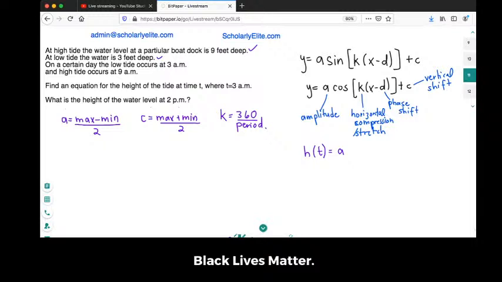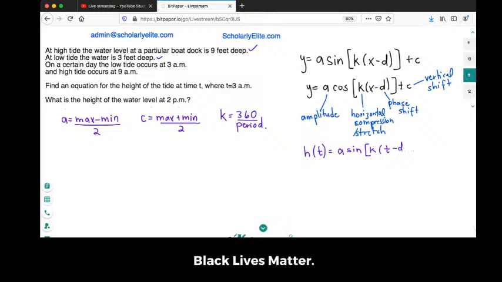We're going to determine that, but I'm just going to arbitrarily use sine right now to illustrate my point, that this is not going to be x, it's going to be t, because t is going to be our independent variable. Time is typically your independent variable. There are rare exceptions to that rule, but most of the time it is your independent.